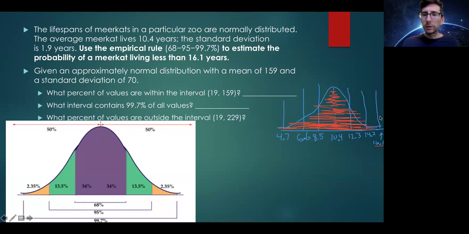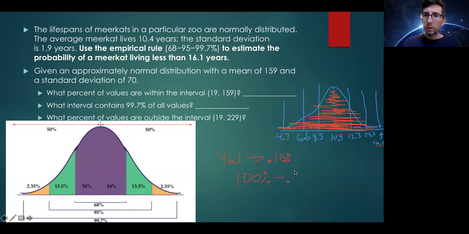Well, what do we know that's above 16.1? We know above 16.1, greater than 16.1 gives us that 0.15%, right? And just like in the last example, we know 100% is everything.